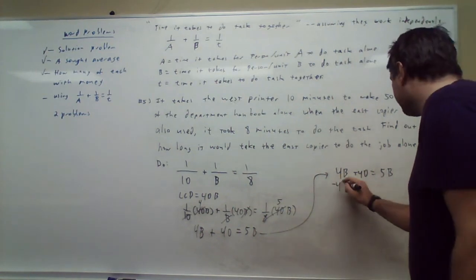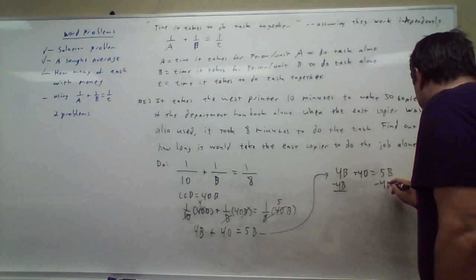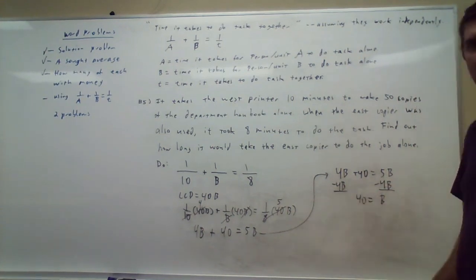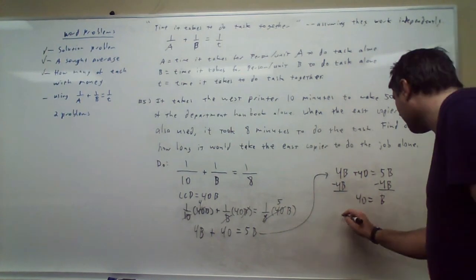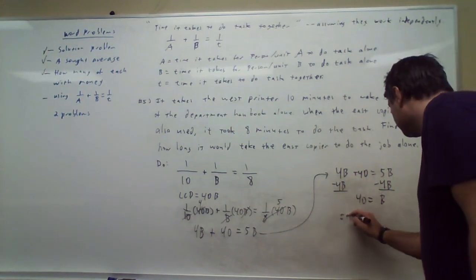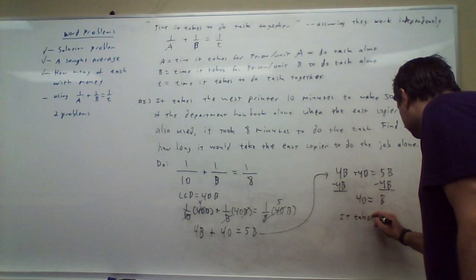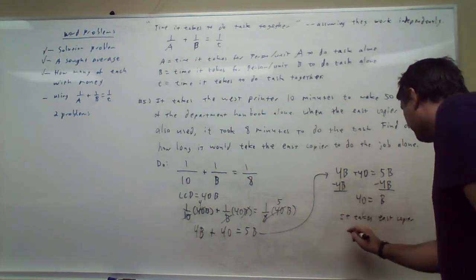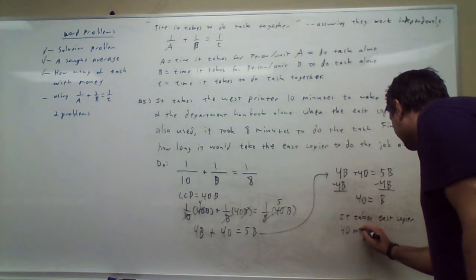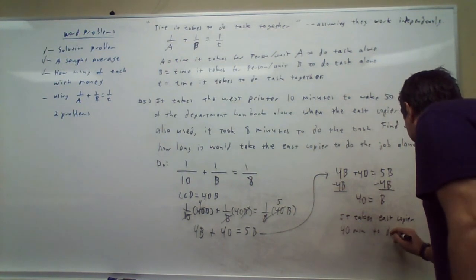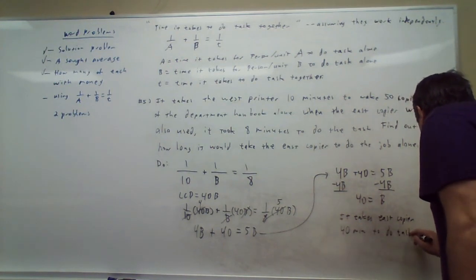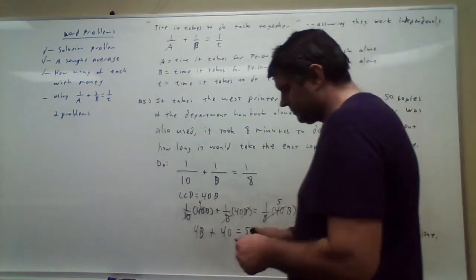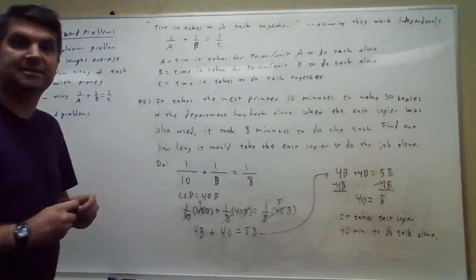I'll go ahead and subtract this one. And 40 equals a single B. Okay? So the East copier takes 40 minutes to do the task alone. Okay? All right, that's it for the whole thing.